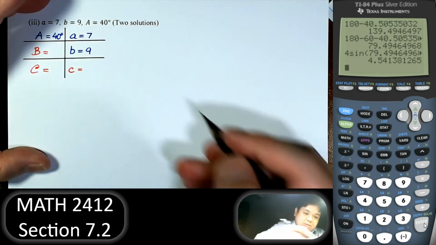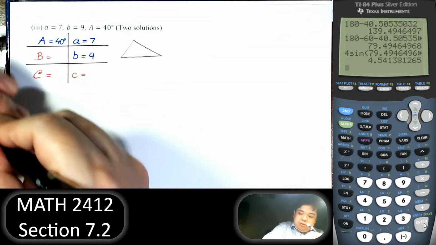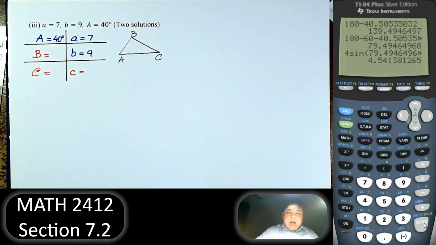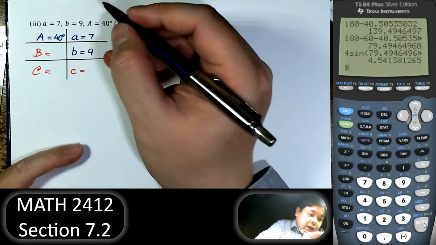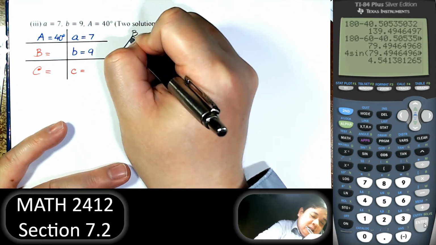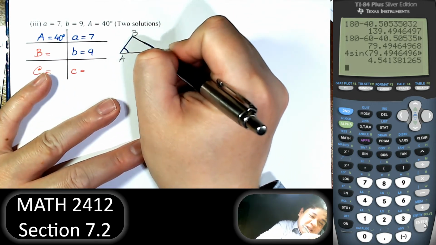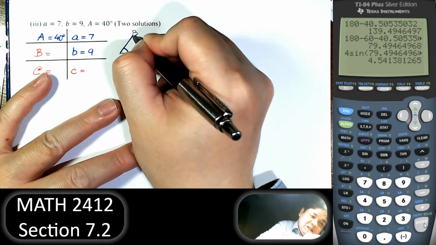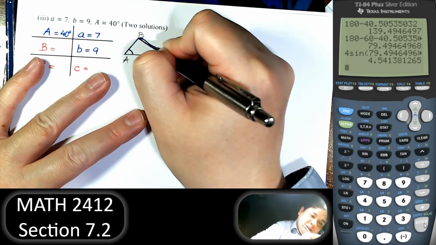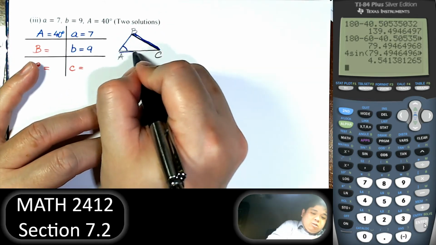So in terms of what scenario we have here, just a triangle A, B, and C. So what we are given: angle A, side a is this one, and side b is this one.